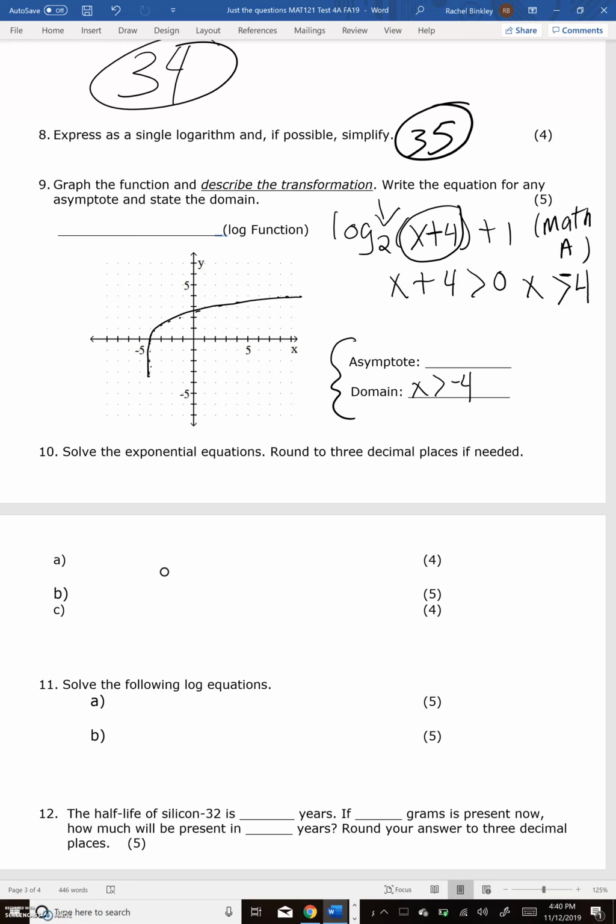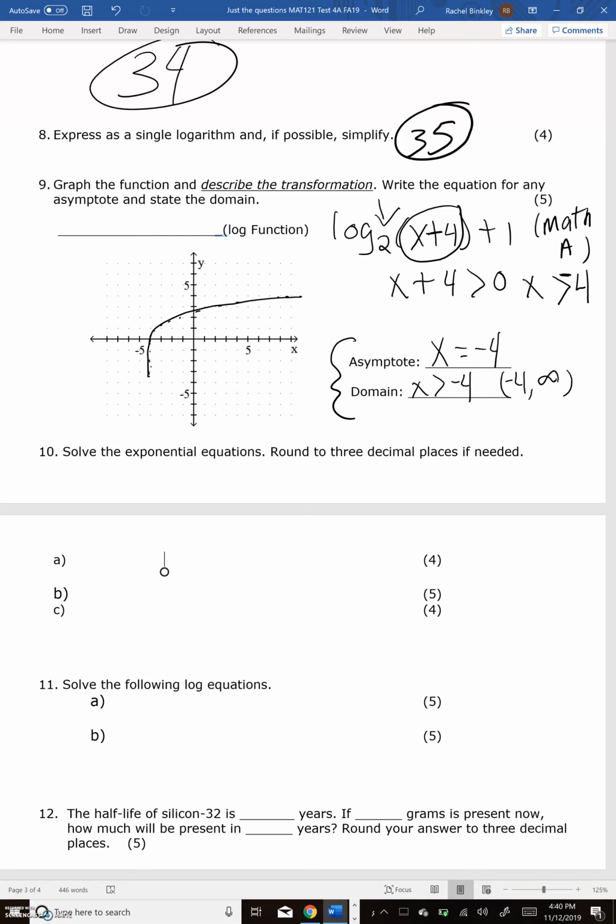If x has to be greater than negative 4 but not equal to negative 4, well, first of all, you can write it like this: negative 4 to infinity. I'll take either way you write it. The asymptote is x equals negative 4. Since x will never be negative 4, that is also the asymptote.